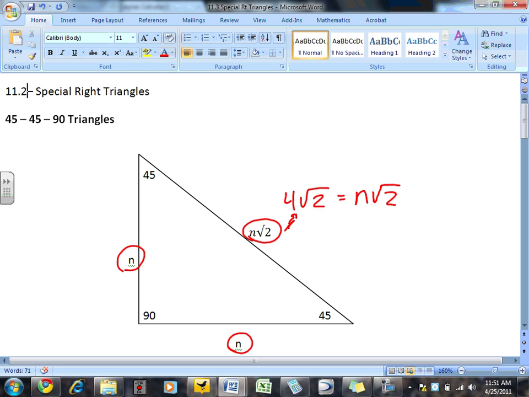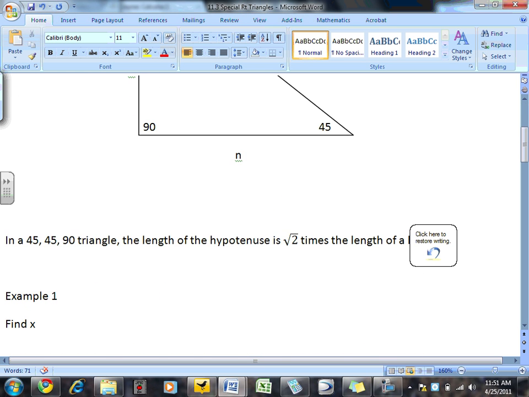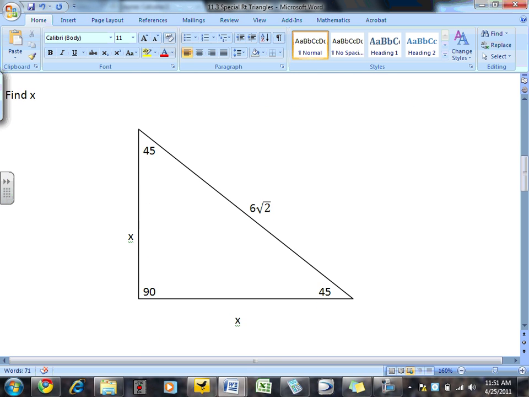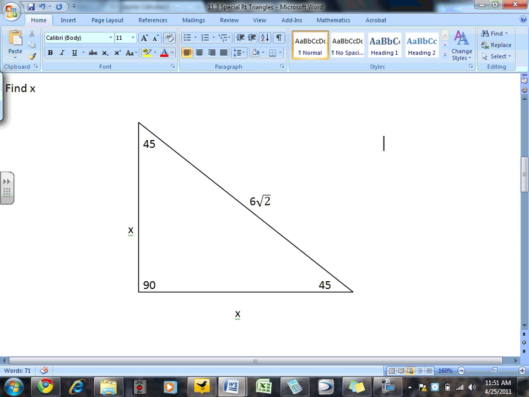So get n by itself, so we'll divide by the square root of 2. That cancels out, so n equals 4. Okay, well, these side lengths are 4 then. That's how easy this makes it. It makes it real short. So on a 45, 45, 90, the length of the hypotenuse is square root of 2 times the length of the leg.